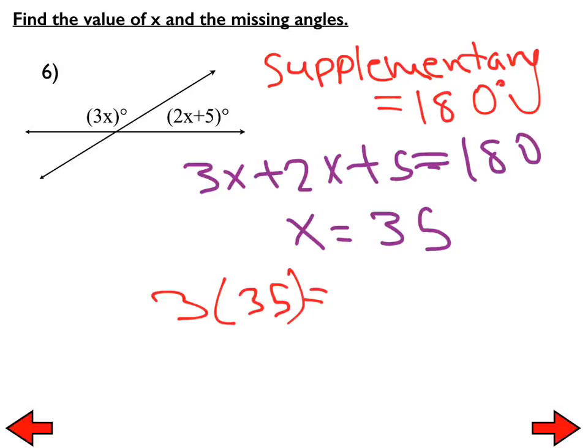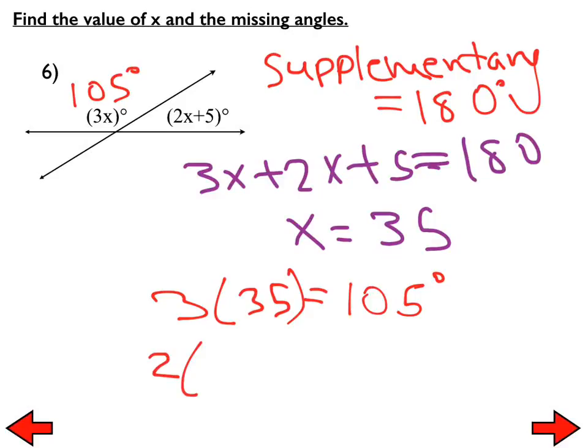Joshua. Good. 105 what? Degrees. Please label it. It is not just a number, it is a measurement. You know how I always make you label inches, centimeters, feet, that kind of thing? This is the same thing. You need to measure the degrees. We're going to plug in x for the 2x plus 5 angle.